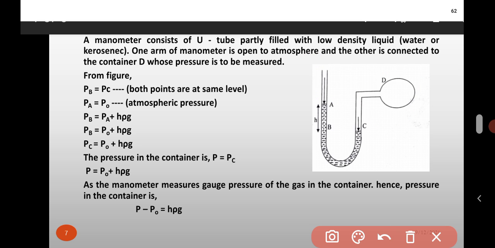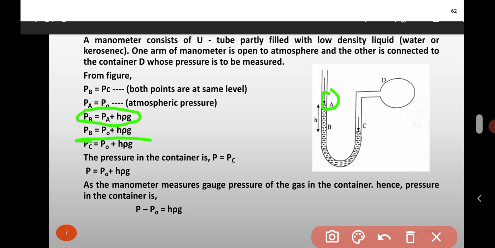From the figure, PB is equal to PC, meaning pressure at point B is equal to pressure at point C, both points at the same level. PA is equal to P0, atmospheric pressure. Therefore PB is equal to PA plus h rho g, so PB is equal to P0 plus h rho g.